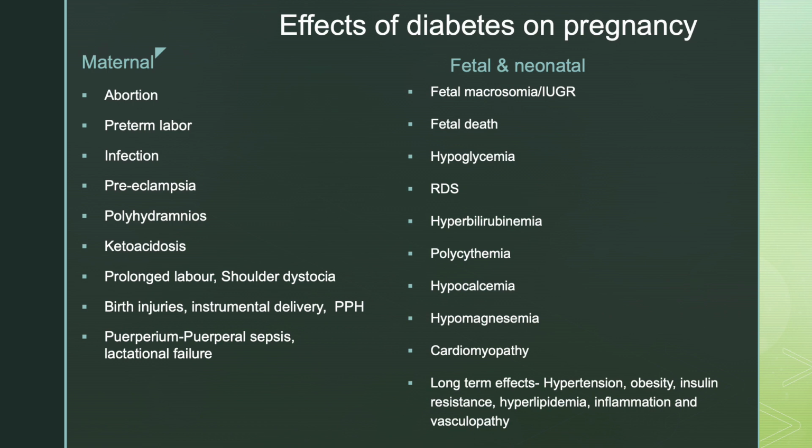The baby is also prone to long-term effects like development of hypertension, obesity, metabolic syndrome, insulin resistance, hyperlipidemia, and more, from increase in the inflammatory markers and vasculopathy. All these complications can occur in the adult life of a fetus or infant of a diabetic mother.